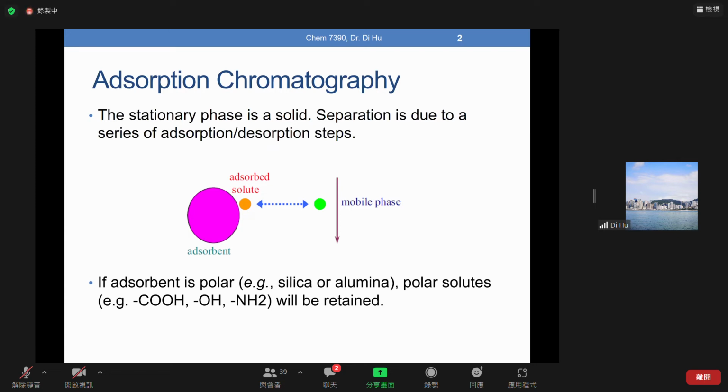Like dissolves like, so the polar analytes will be more likely to be retained in the stationary phase. Polar analytes such as carboxylic acids, alcohols, and amines will be retained. So that's adsorption chromatography.